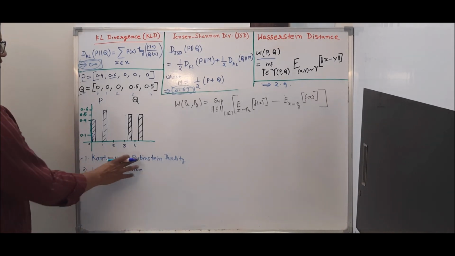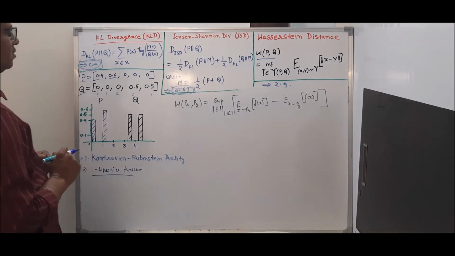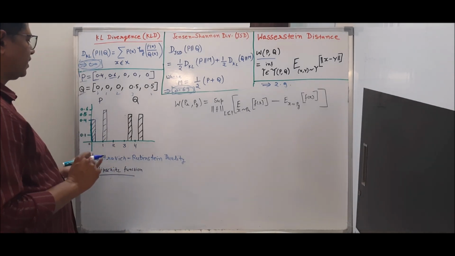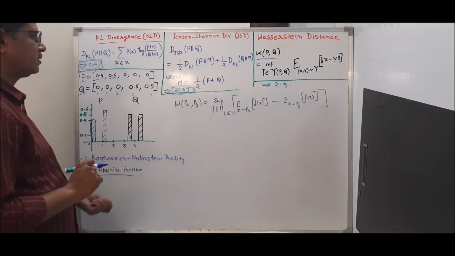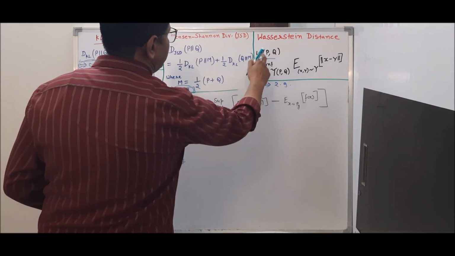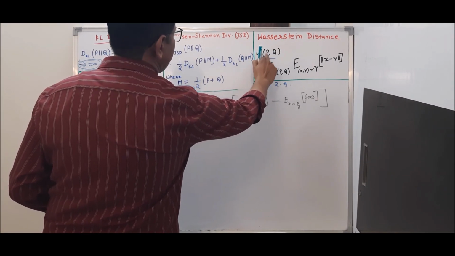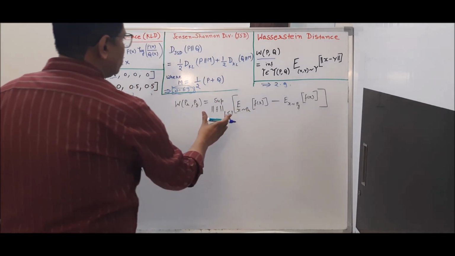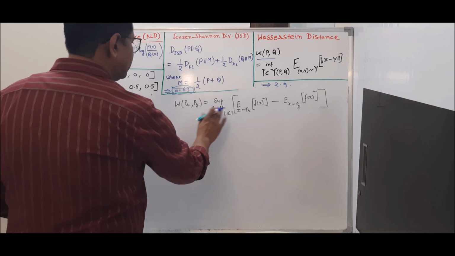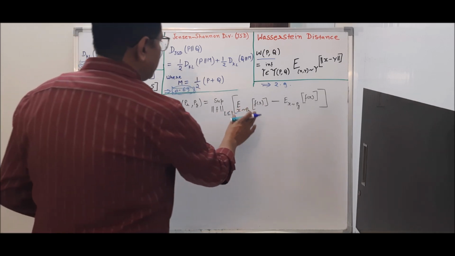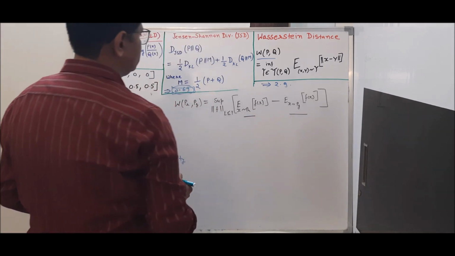So in the current scenario, the paper introduces two important concepts. First is Kantorovich-Rubinstein duality and second is the one-Lipschitz function. With the help of Kantorovich-Rubinstein duality and by using the one-Lipschitz function, the paper converts the computation of Wasserstein distance between P and Q into computation of the supremum over one-Lipschitz functions by maximizing the expectations between two probability distributions.